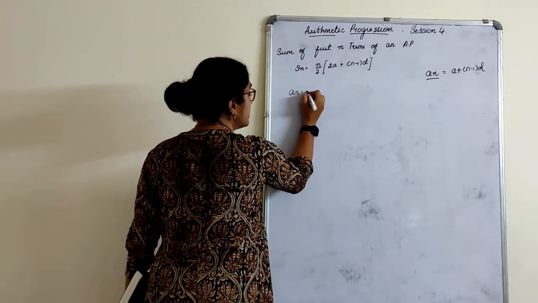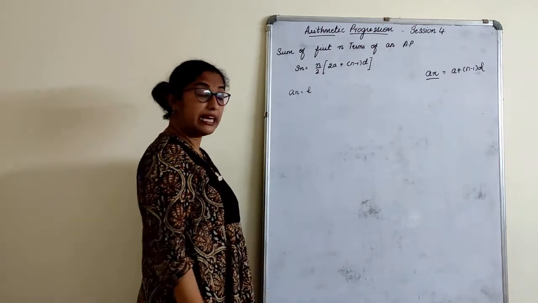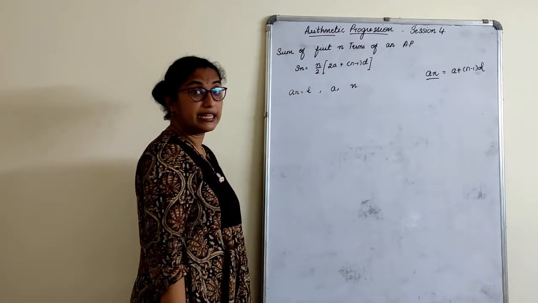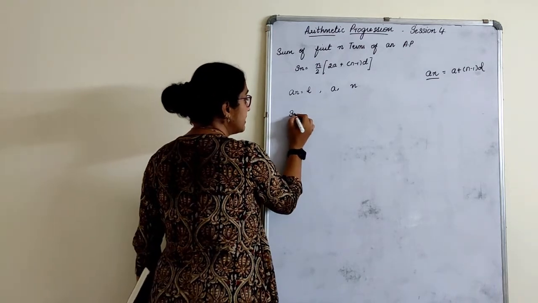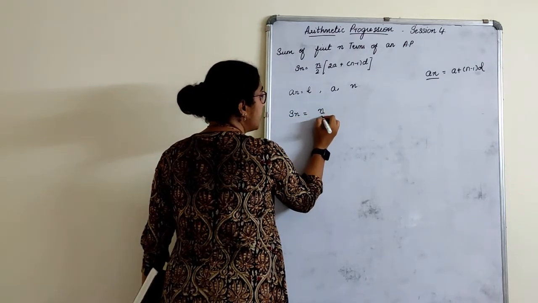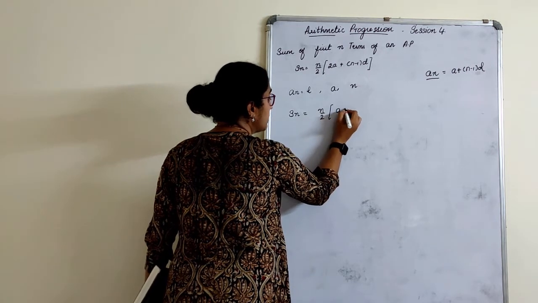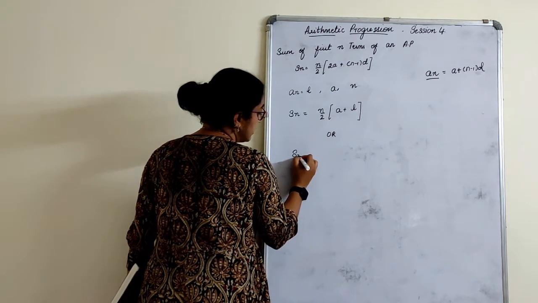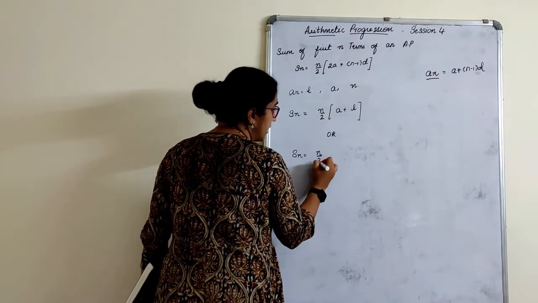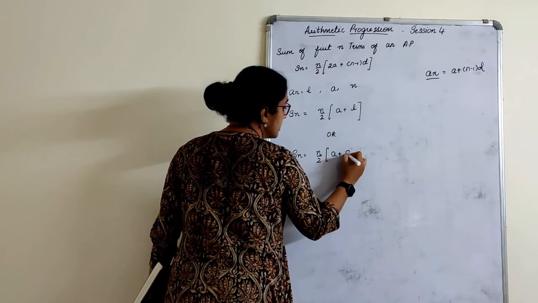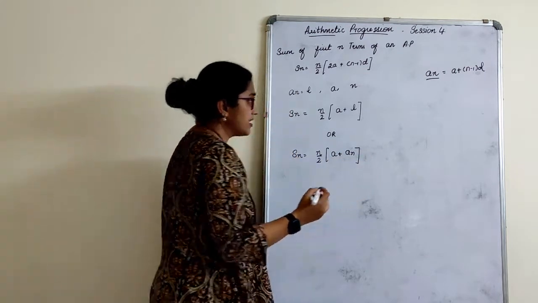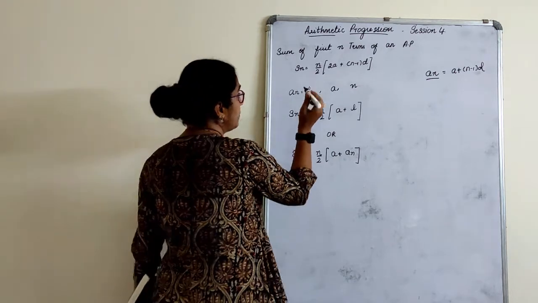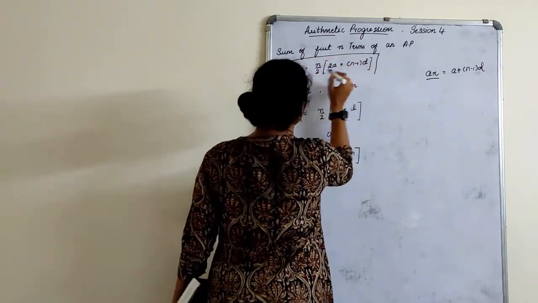When the last term, denoted by L, the first term and the number of terms are given, we find Sn as n by 2 (a plus L), or Sn is equal to n by 2 (a plus an). An is nothing but, children, the last term. It is also given by a plus L or a plus an. So you need to remember these formulas now.